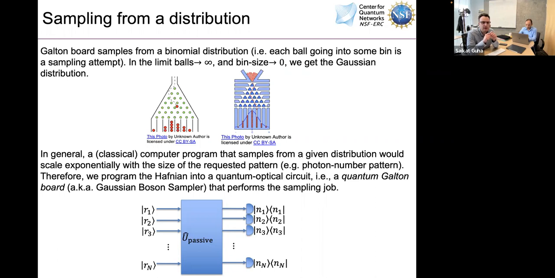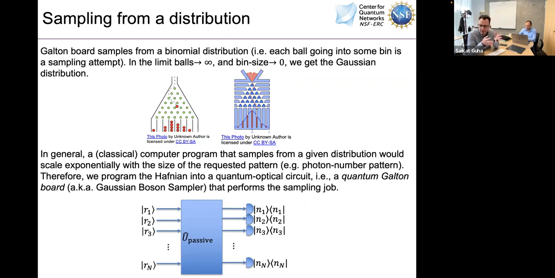You sample from the binomial distribution, and in the limit where the bins are very small and you have many balls, you will get the Gaussian distribution at the very end. Now, in general, consider a classical computer program that samples from a given distribution, not necessarily Gaussian, any distribution. So I ask you to create patterns using some classical algorithm, and these patterns must follow some specific distribution that I have given you. This problem in general is very hard and scales exponentially with the size of the requested pattern.